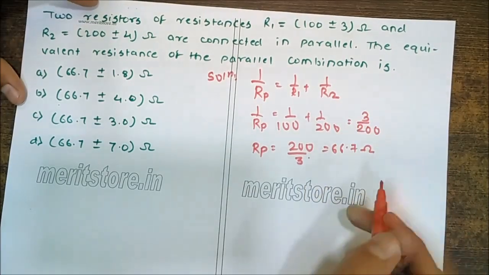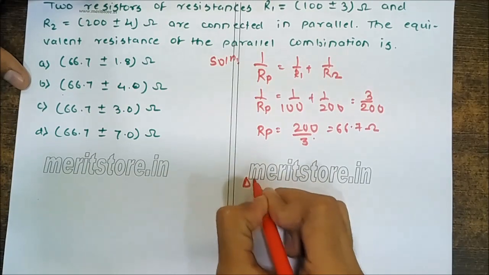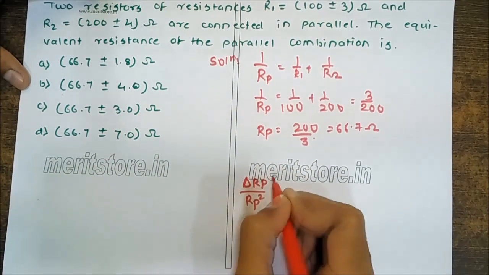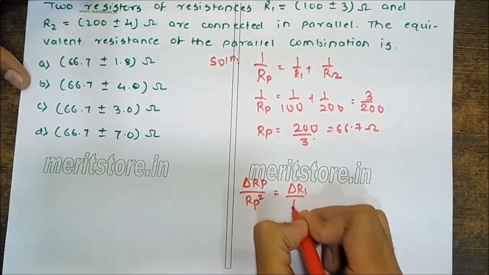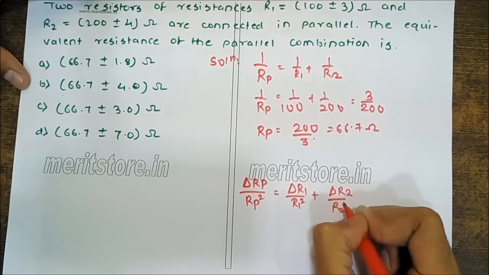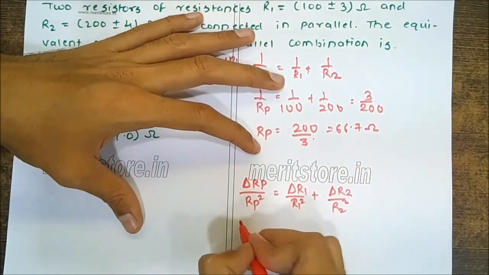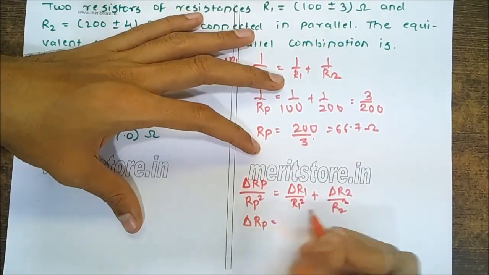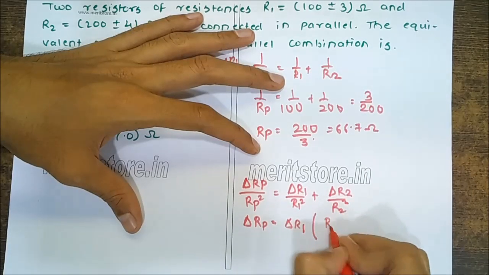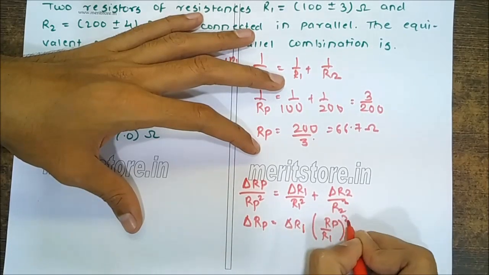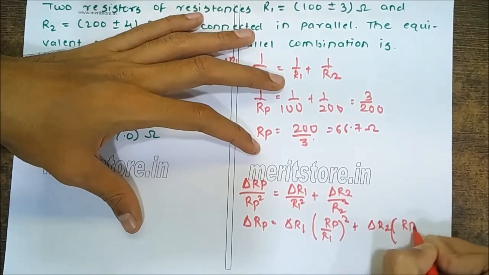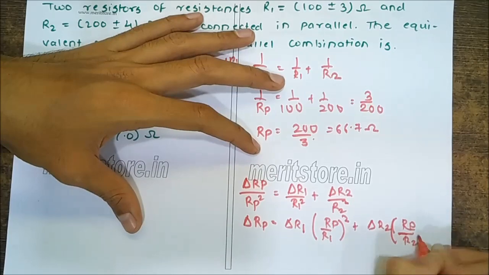Now the error in the resistance will be given by delta Rp upon Rp square equals delta R1 upon R1 square plus delta R2 upon R2 square. That is, delta Rp equals delta R1 into Rp upon R1 the whole square plus delta R2 into Rp upon R2 the whole square.